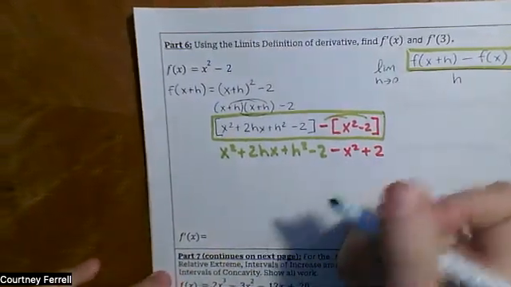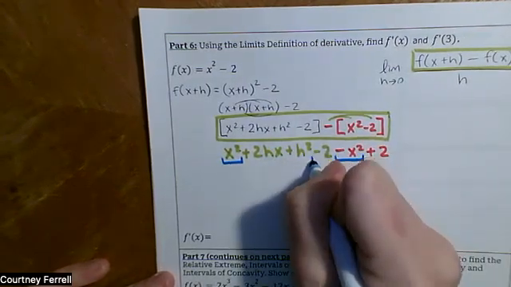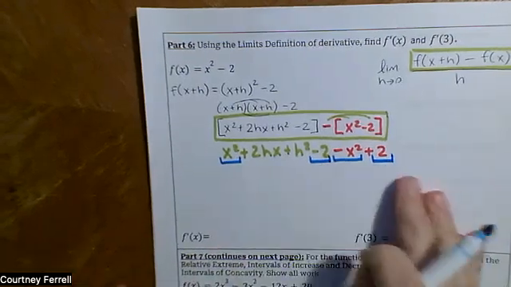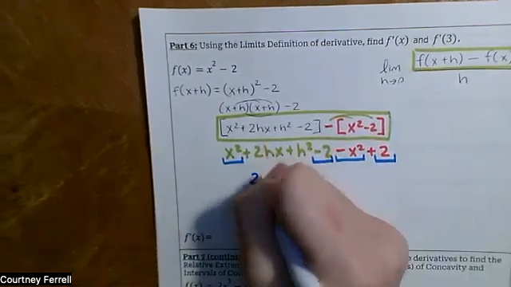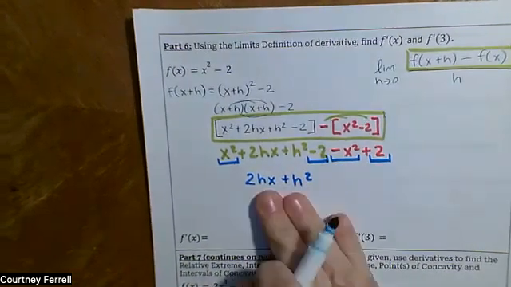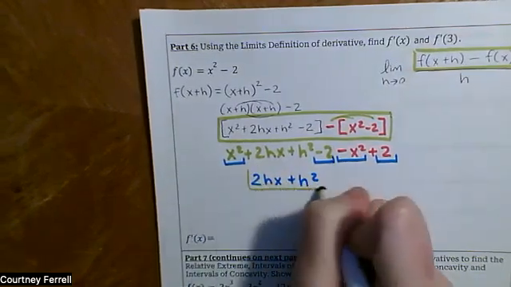And as usual, we're going to see some cancellation. These two items cancel, and these two items cancel. So all that's left here is 2hx plus h squared. That is the top of our fraction.